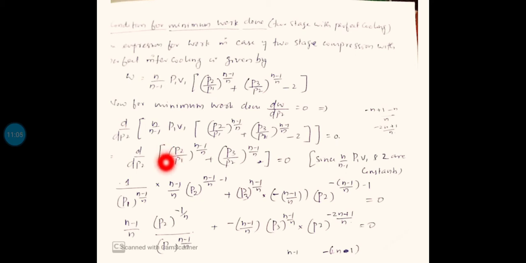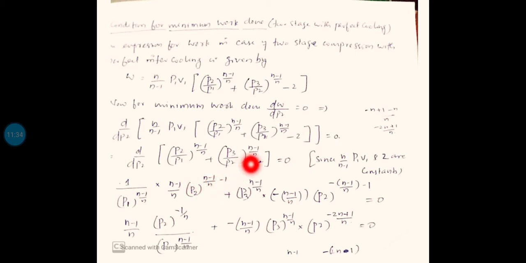So the first term while differentiating becomes d by dP2 of P2 raised to (n minus 1) by n. d by dx of x raised to n is n into x raised to n minus 1. So the differential of this becomes (n minus 1) by n into P2 raised to ((n minus 1) by n minus 1). So the first term is differentiated with respect to P2, and it becomes 1 by P1 raised to (n minus 1) by n into (n minus 1) by n, P2 raised to ((n minus 1) by n minus 1).